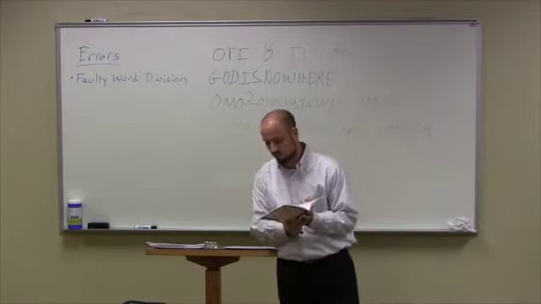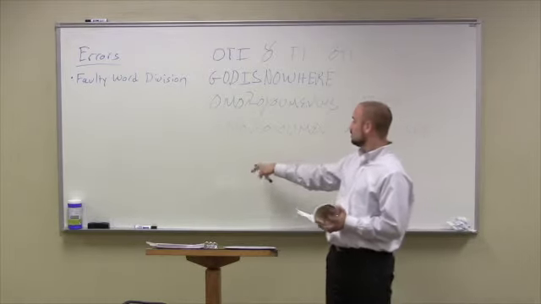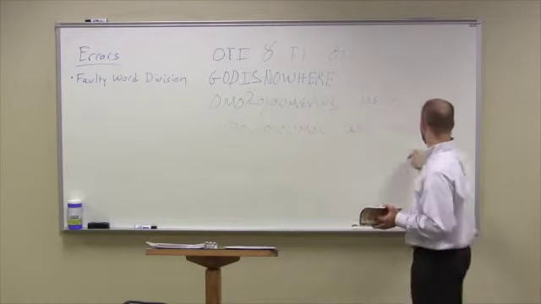Remember our os can be an adverbial ending. Confessedly great. Or it could be a verb with hos. We confess how great, and then there's the verb estin, how great he is. So these are errors that can creep in. You have to make those sorts of decisions. Where is the word to be divided?